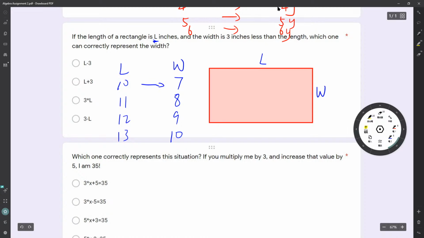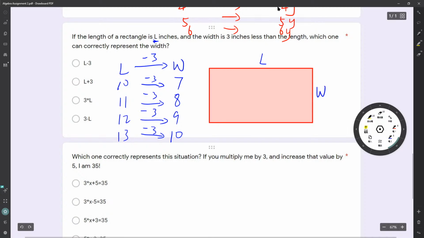The pattern is always subtract 3, subtract 3, subtract 3, and subtract 3, right? From the length to the width, it's always subtract 3, because it's 3 inches less. Therefore, L minus 3 will be W.